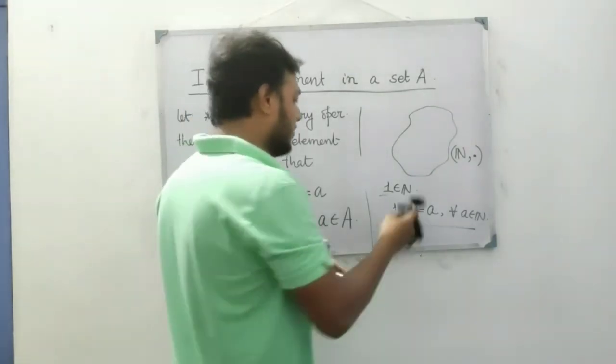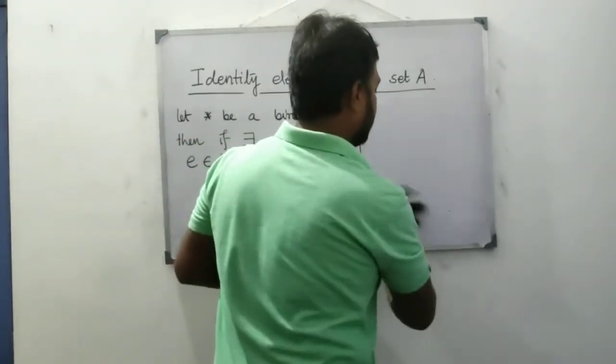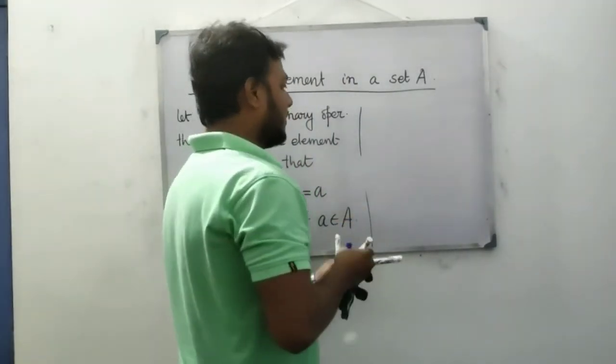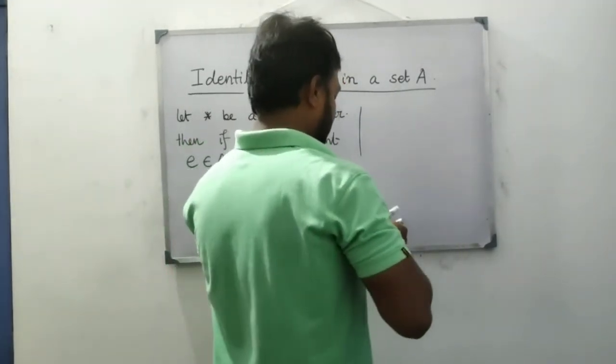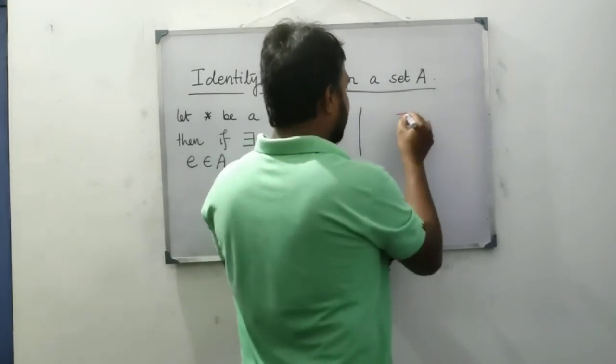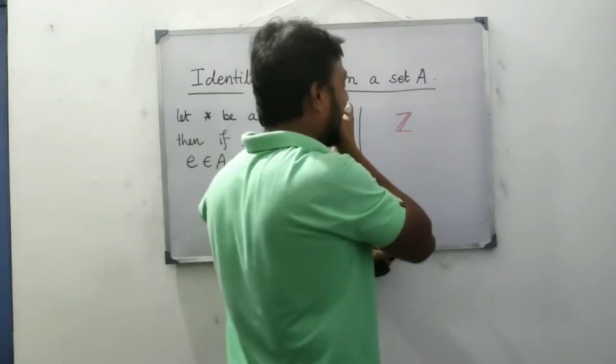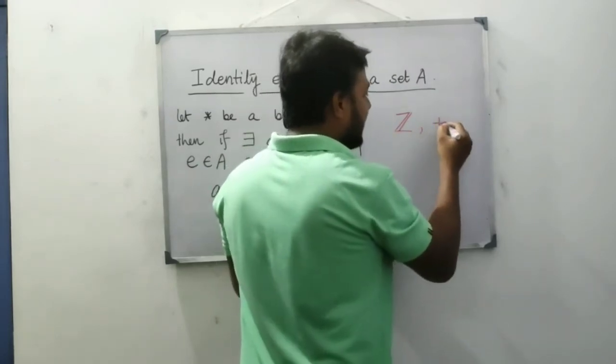Next, one more example. On the set Z, clearly plus is a binary operation.